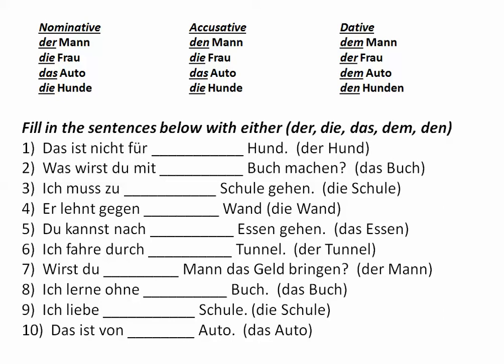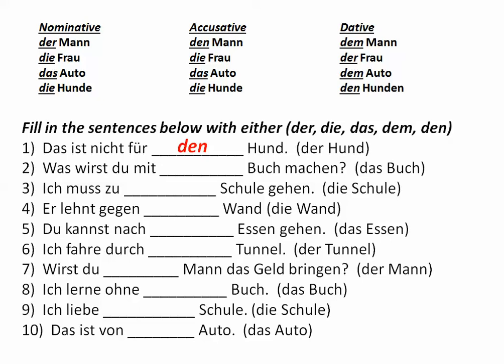The first question you must ask yourself is, what case is Hund in? Is it nominative, accusative, or dative? In this particular sentence, you can see that it comes after für. Für is an accusative preposition, so der Hund changes to den. Was willst du mit, and here we have a blank, Buch machen? Buch is a neuter noun, das Buch.